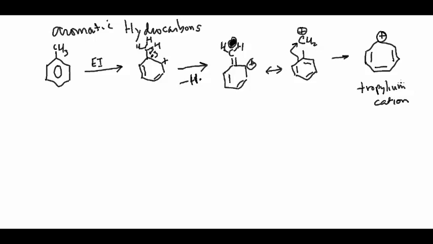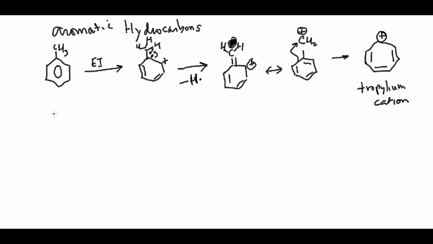All right, let's illustrate the McLafferty type rearrangement that can occur. This takes place when you have an alkyl side chain of 3 carbons or more.